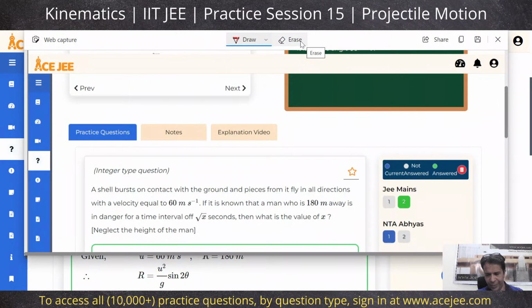If you want to fly 180 meters, you can do that for two different angles. For the smaller angle, the time of flight is small. For the bigger angle, the time of flight will be larger. Now, the person sitting on the ground at 180 meters from the location where the shell exploded is in danger for this duration, between T1 and T2.